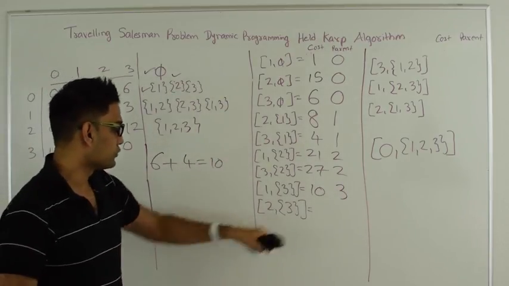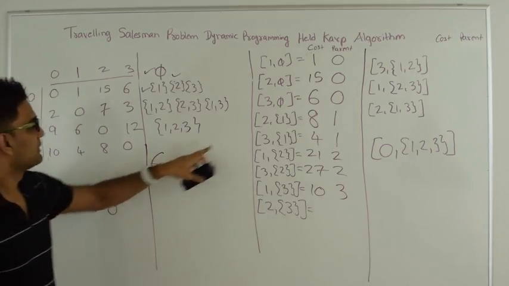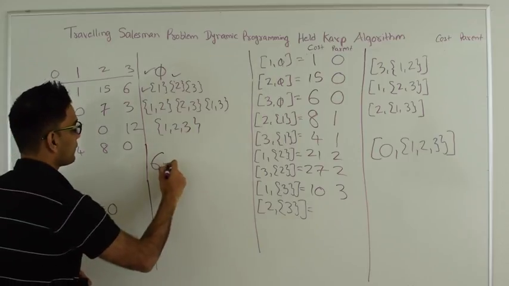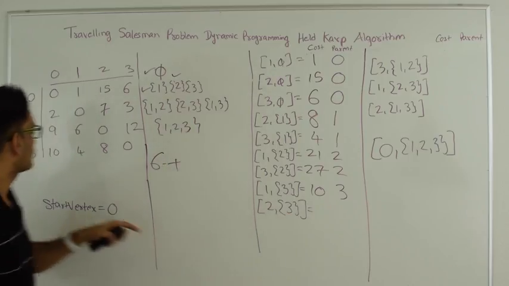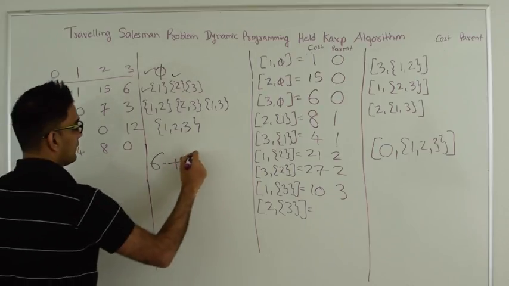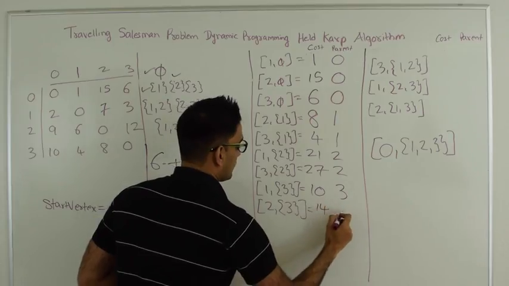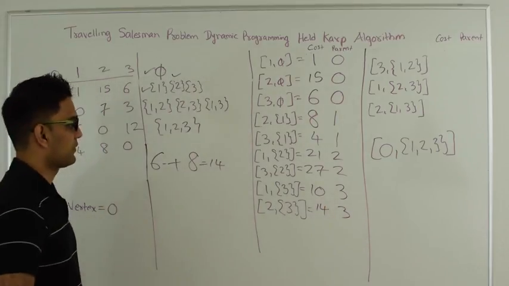And then 2 to 3, so minimum it takes to reach 3 from 0 is 6, which is this value, plus whatever it takes to reach 2 from 3, so 3, 2. So 3, 2 is 8. So this value is 14. And we are reaching here from 3.